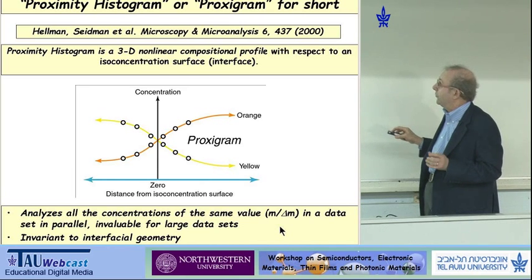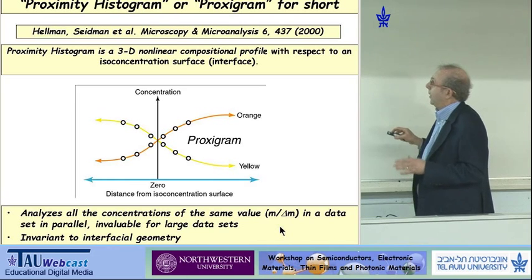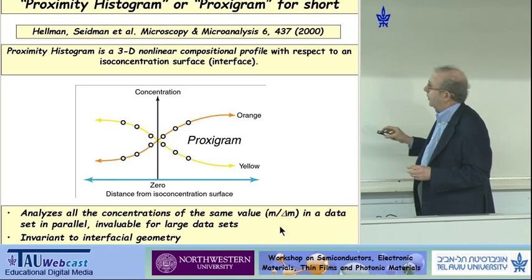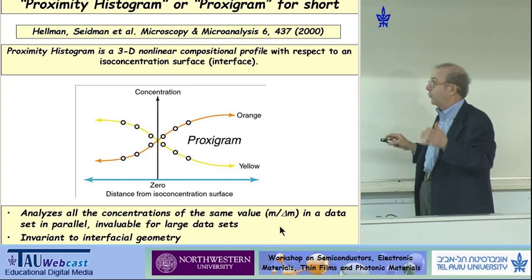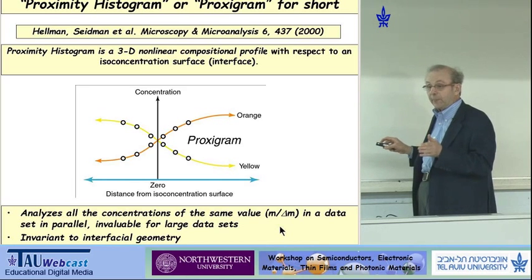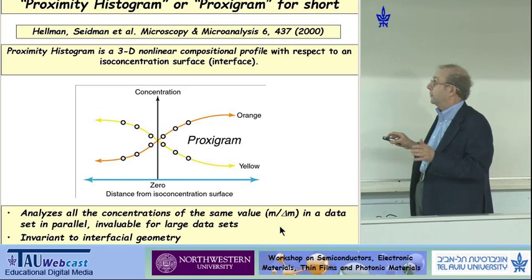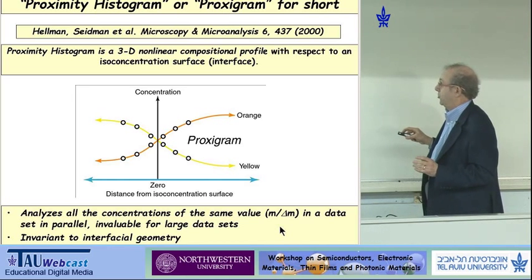So you generate these two curves for the orange atoms and the yellow atoms, and then you have to pick an interface. And we typically pick an interface at the inflection point of the majority species. You have 2 species in a system, 3, 4, 5, whatever. We pick the interface by definition to be at the inflection point of that. And this is really 3-dimensional information which has been compressed into 2 dimensions.